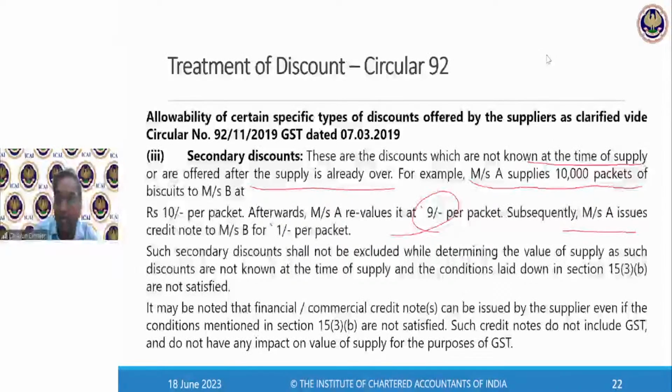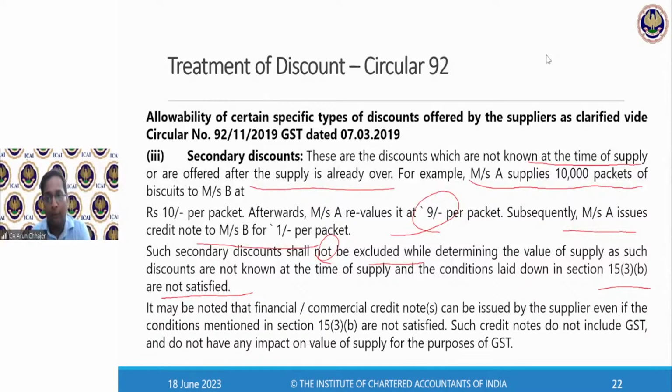Then A issues a credit note to B at rupees 1 per packet. Such discount shall not be excluded while determining the value, as such discounts are not known at the time of supply and the conditions of 15(3)(b) are not satisfied.